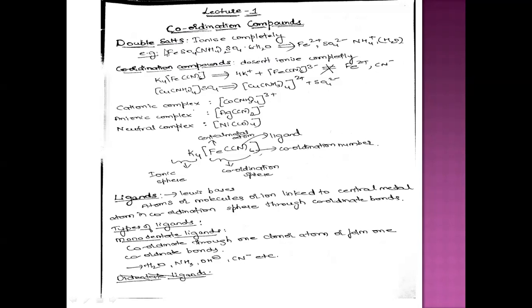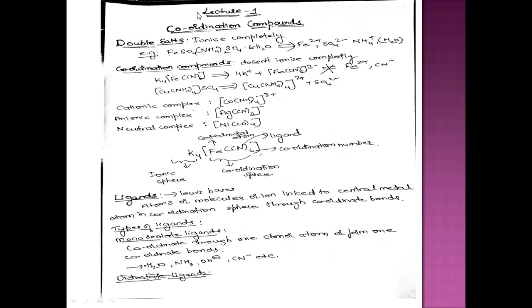Iron will come out as Fe2+, sulfate will come out as SO4 2-, ammonium will come out as NH4+, and water will come out as water in the solution. It means all the individual ions which were in the neutral form have completely come out as their ions. No other atom is left behind. After dissociation, all the ions have come out in the solution. That is said to be complete ionization.